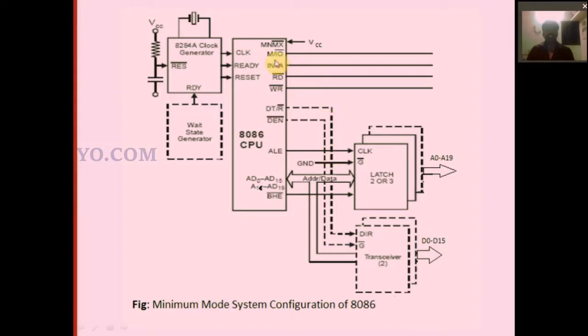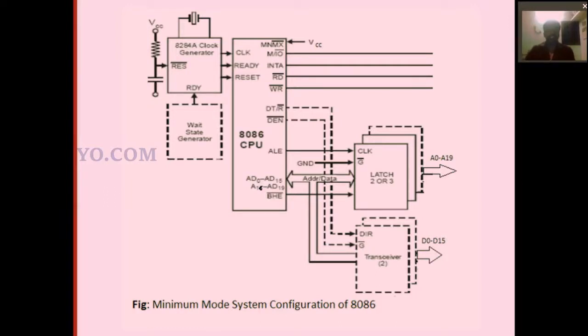Then here we are having the control signals. These control signals are connected with other devices such as RAM, ROM, IO device, DMA controller, etc. These control signals control the operations of entire read, write, data transfer operations.